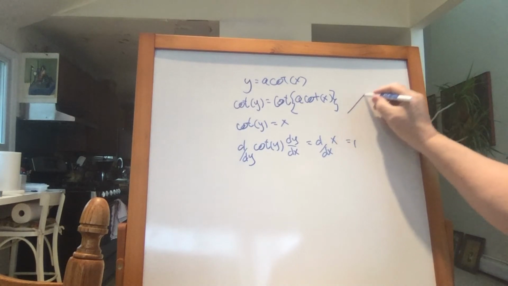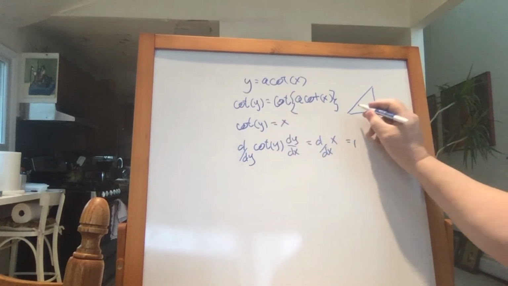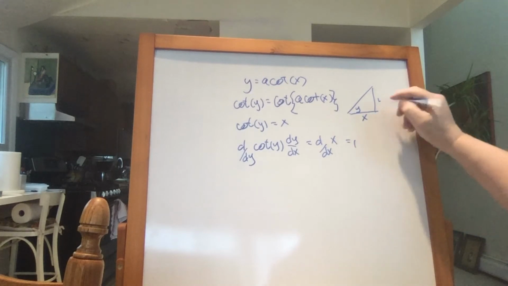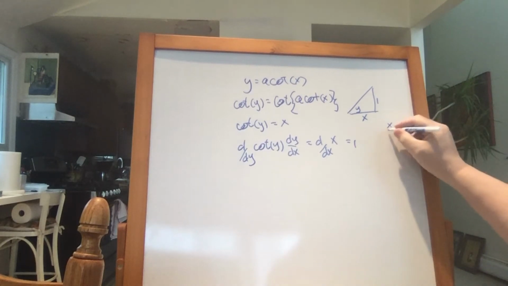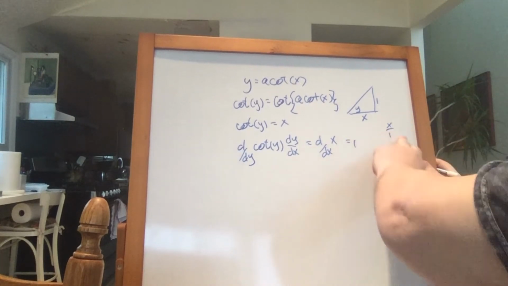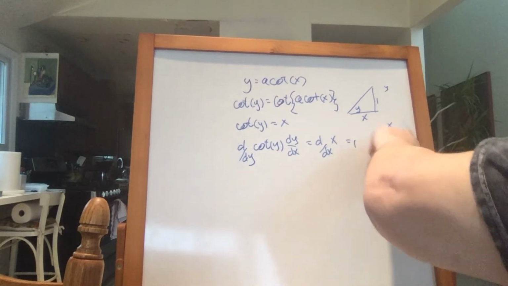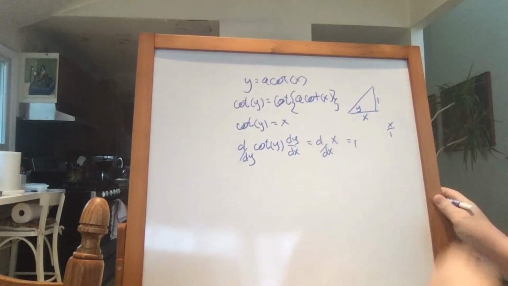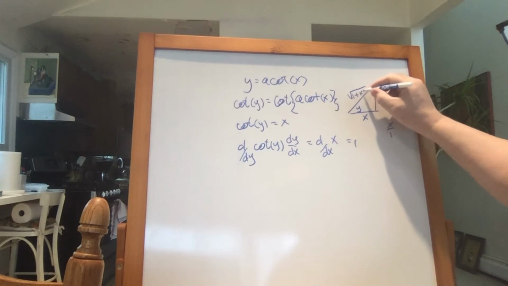And now we got to go to that critical step, which we bypassed. Cotangent of y equals x. And the cotangent is x over 1, or x over y. Remember, if this is y and that's x, y over x is the tangent. And just the opposite, x over y, is the cotangent. So this is 1 plus x squared.